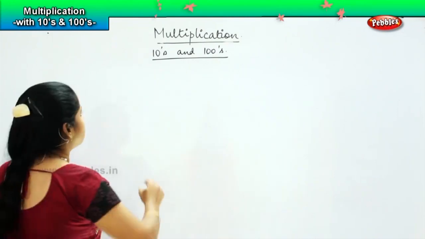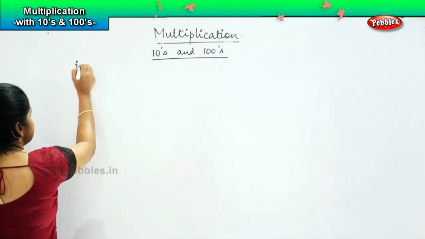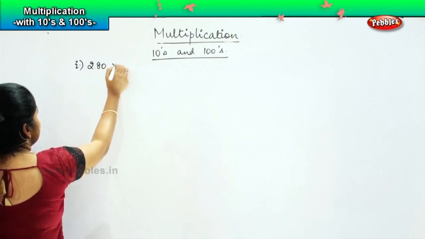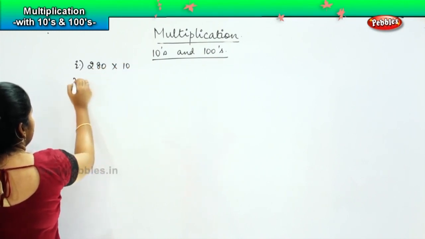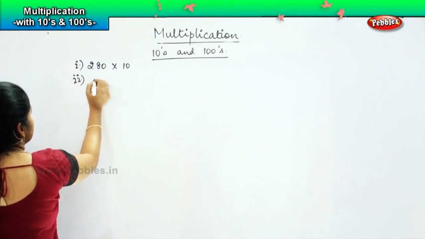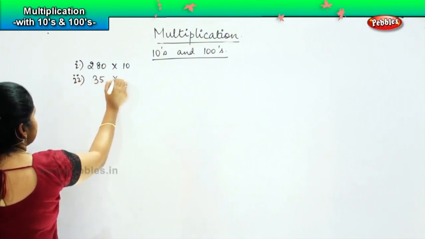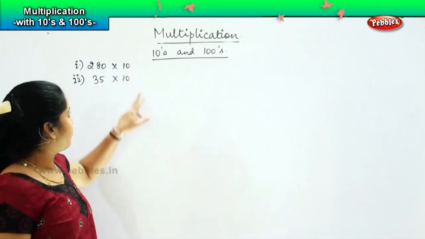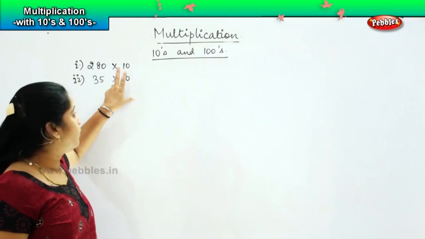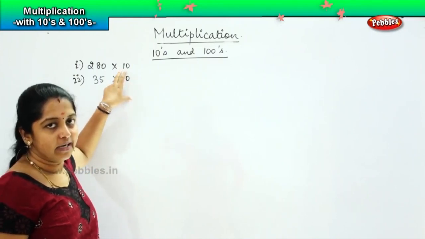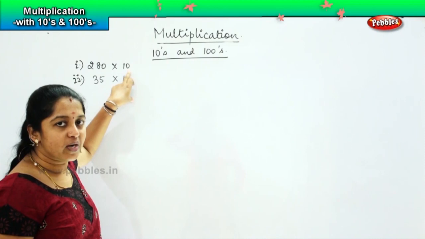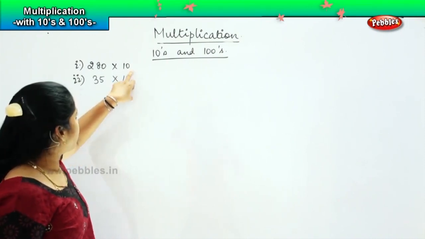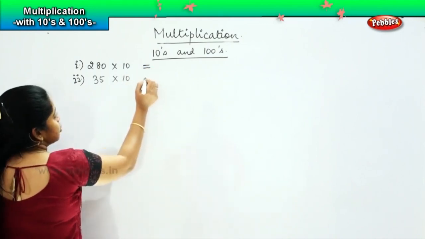Okay. Now, say for example, I have a question, solve 280 into 10. Or I have a question as 35 into 10. Usually how we solve, we first multiply the ones place and then we multiply the tens place, right? But with 0, it is easy for us to multiply.